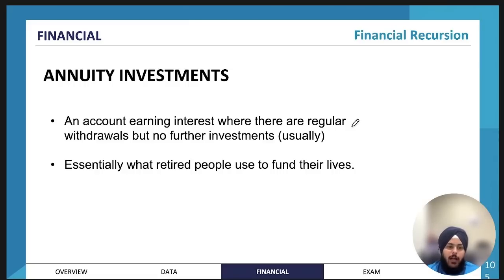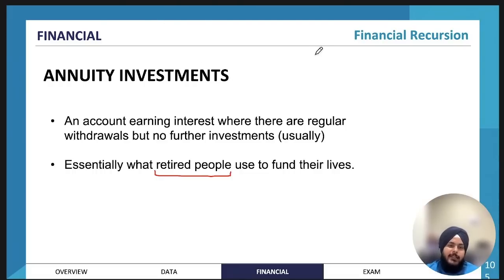To give a scenario, let's say after you retire, you have a big sum of superannuation. You might invest that into an annuity investment, and then over time you're going to get payments from that annuity. And that's essentially going to fund your life.